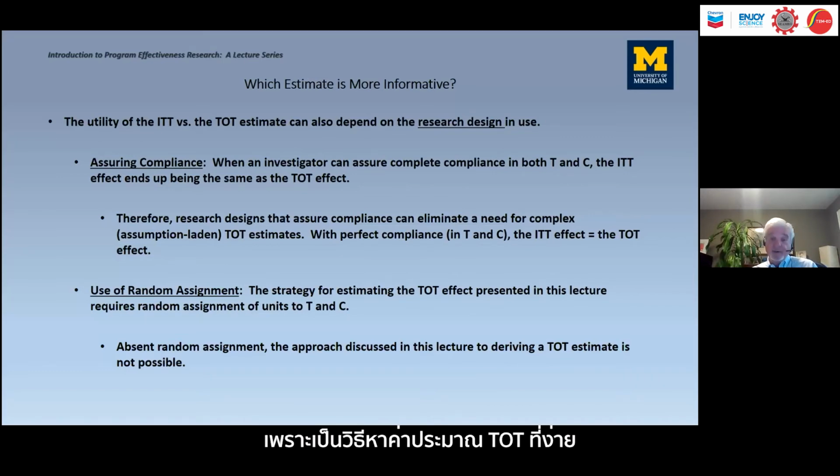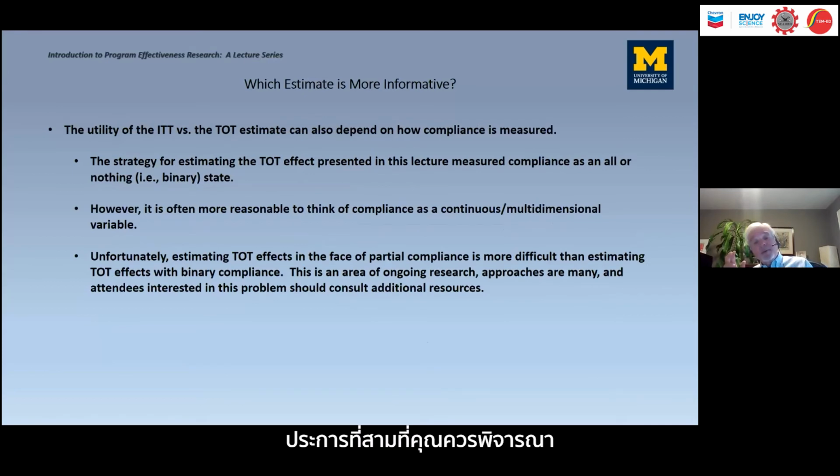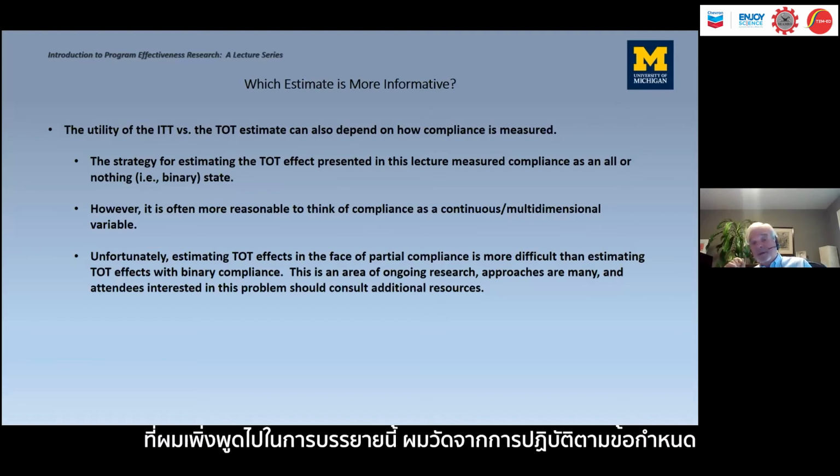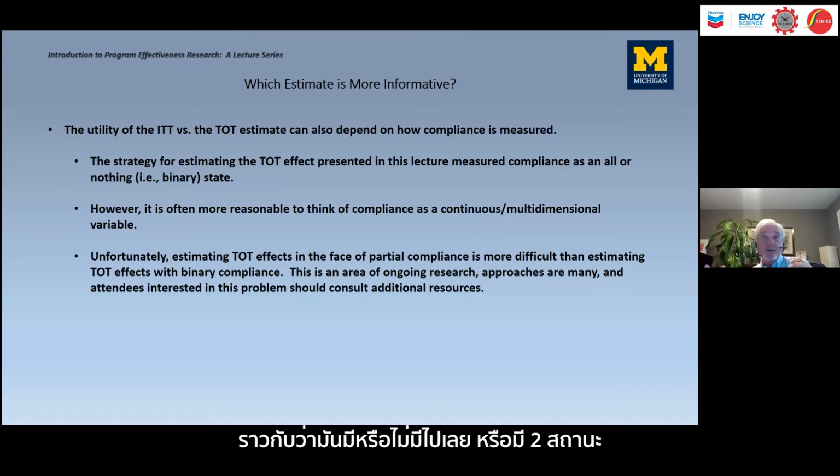This is why people really favor random assignment: it allows a fairly simple way to estimate TOT. The third thing that you ought to consider when judging between an ITT and a TOT is how compliance was actually measured. Notice that in the strategy for estimating the TOT effect that I presented in this lecture, I measured compliance as if it were an all or nothing, binary state.